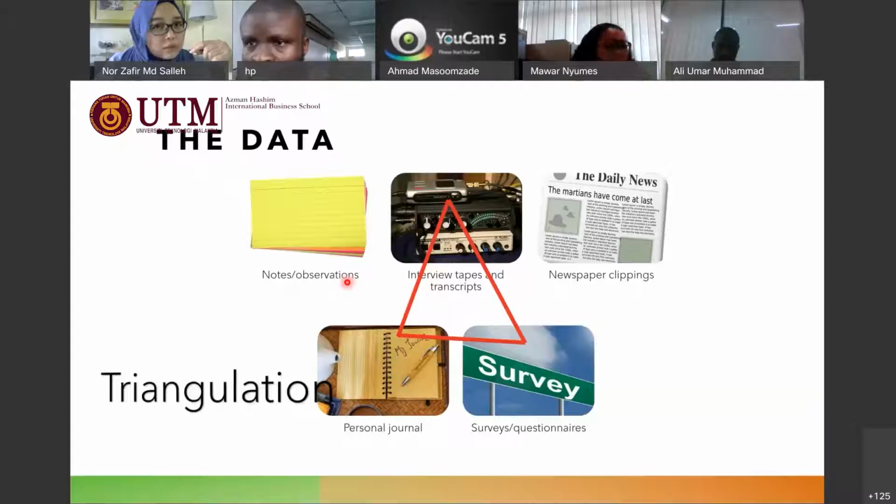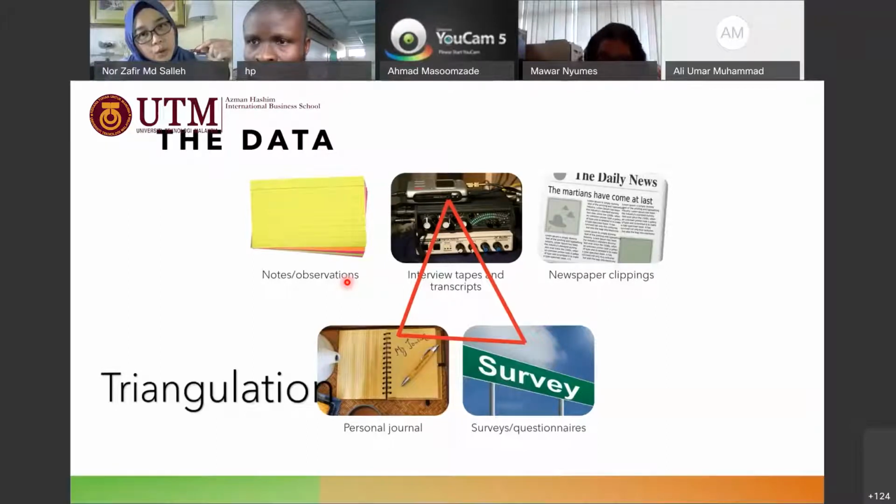Before you go for an interview, you might observe the company, for example, whether the company is big or small, how many employees you meet in front, or whether the company is busy or not. Other sources are interview tapes and transcripts, newspaper clippings, personal journals, and surveys or questionnaires, if they have open-ended questions.